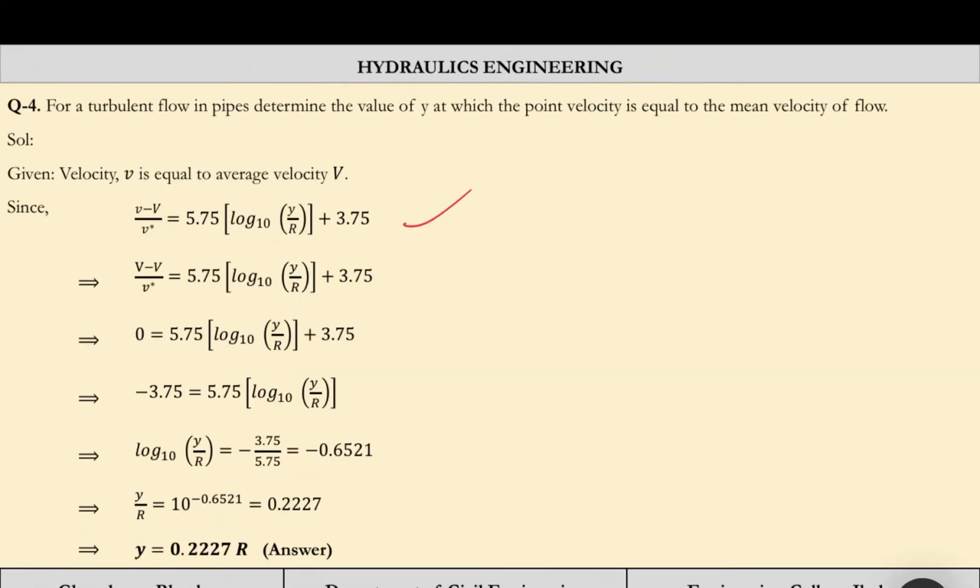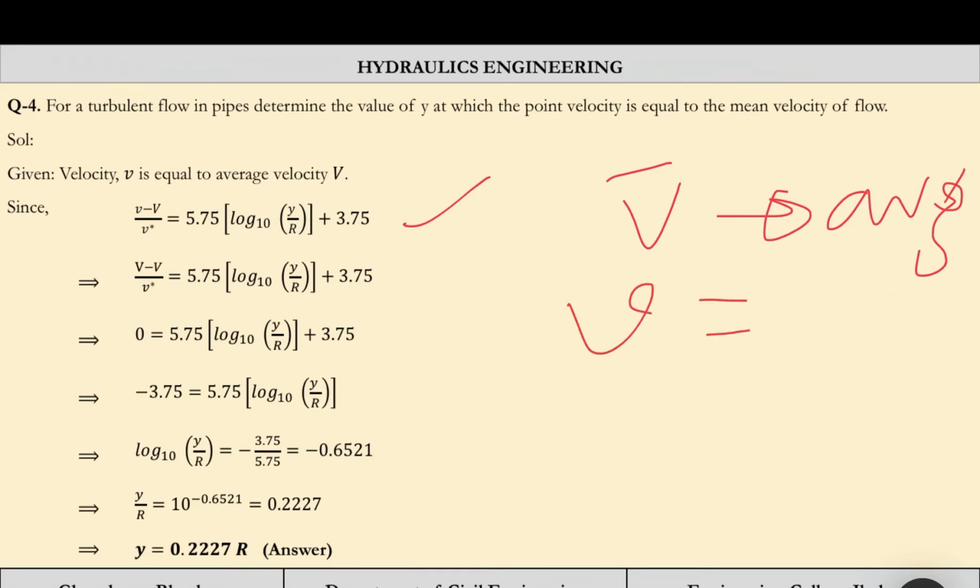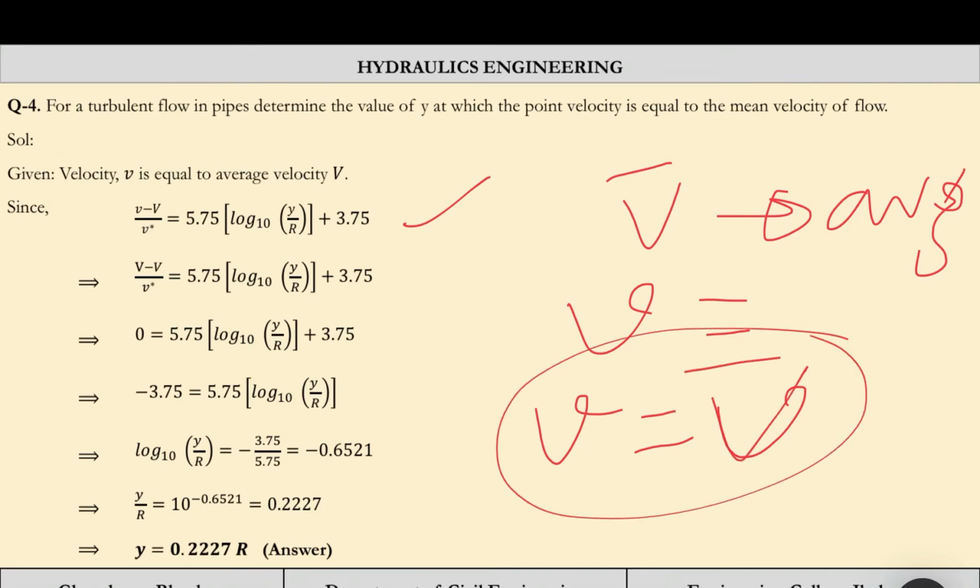So this formula we already have, it is between V and v. Capital V is the average velocity, that is mean velocity, and v is the local velocity, okay. It is given in the question that v is equal to capital V, that means V minus v will become 0, and here only y is unknown, and we can convert this y in terms of r.